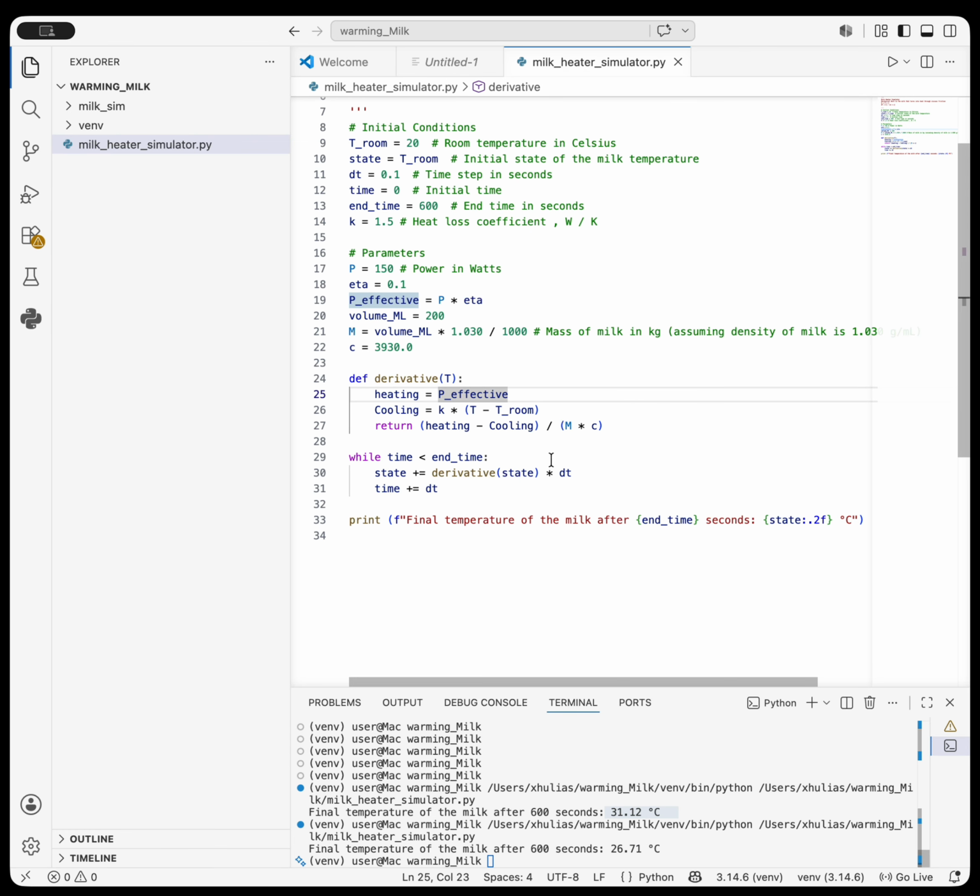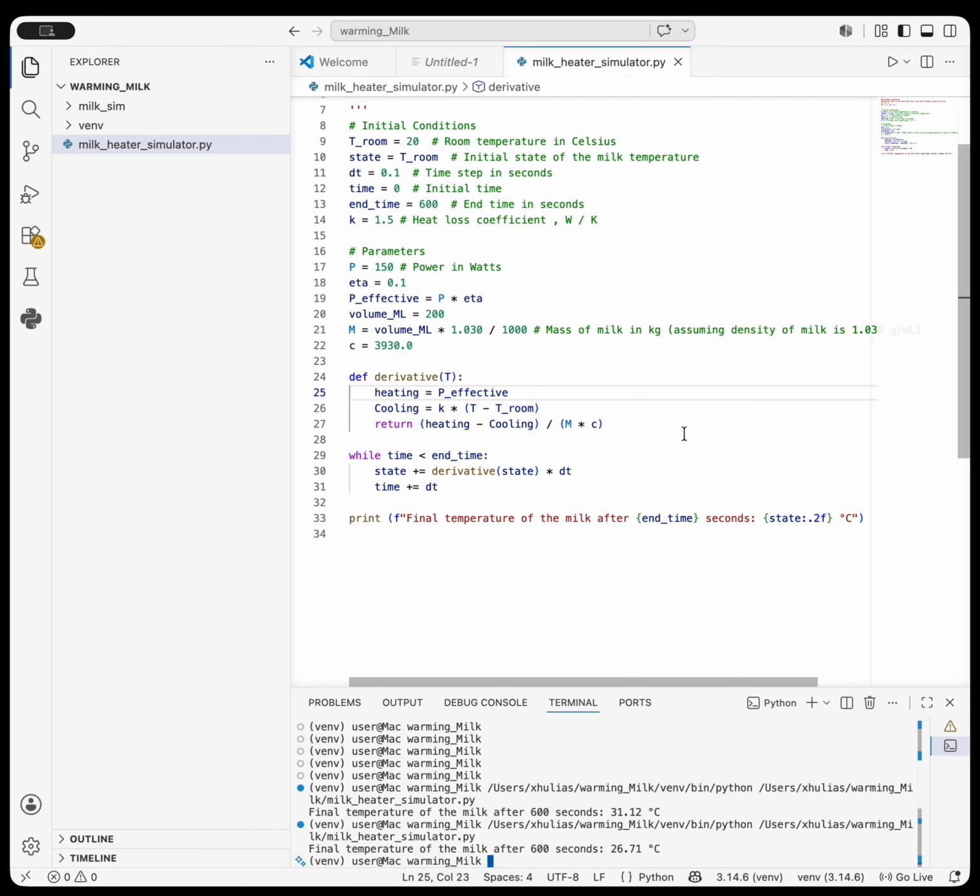And as we can see, with these coefficients, the milk warms up very slowly, way slower than what we thought. Now there's a tug of war: the mixer adds heat and the room takes it away. But eventually they will balance and the milk settles at an equilibrium temperature.